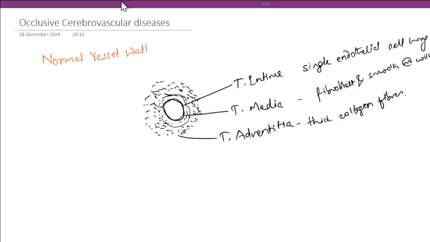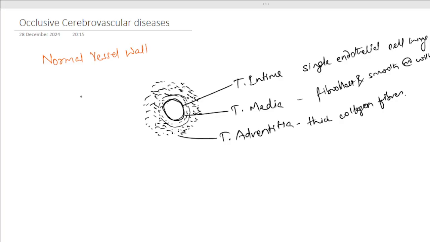Now the theory comes. What is the difference between the blood vessels consisting of these layers in the body and in the brain? Different parts of the body will have different kinds of consistency. So what is it in the brain? Brain and spinal cord, that is the CNS part.